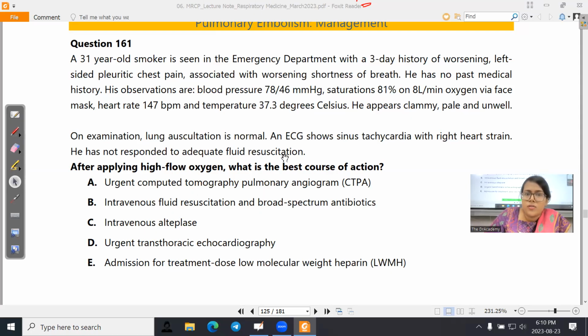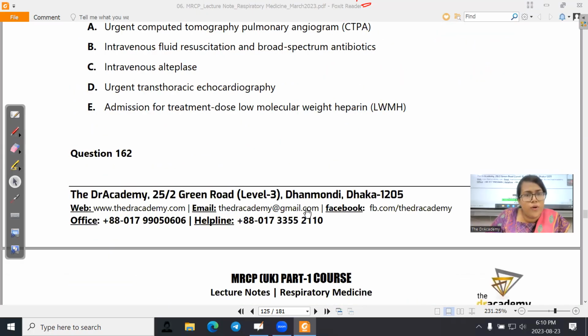On examination, lung auscultation is normal, ECG is sinus tachycardia with right heart strain. He has not responded to adequate fluid resuscitation. In that case, after applying high flow oxygen, you should be starting the diagnosis first, like urgent CTPA, and then start the thrombolysis as soon as possible after confirming the diagnosis. So very good on thinking on the right track.